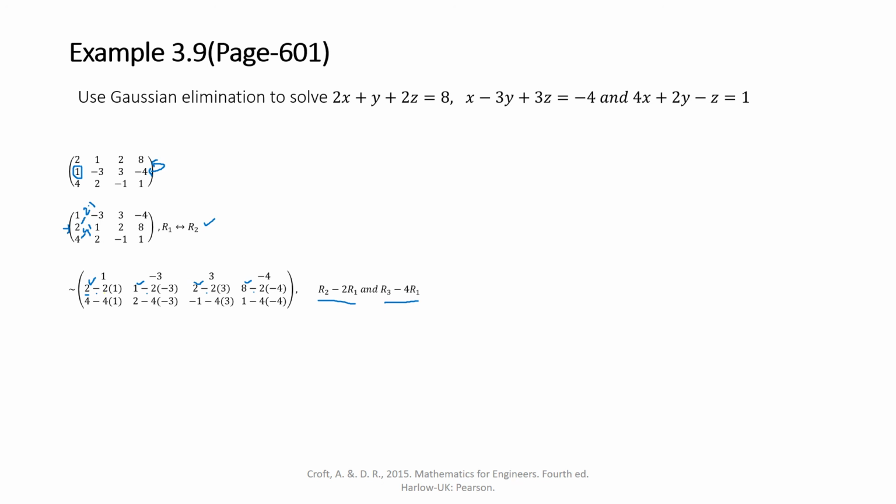So here it is 2, and the first row element, this is 1, this is first row element, minus 3, first row element, and first row element, minus 4.